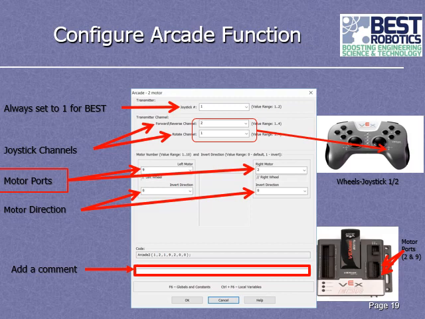Same thing on the right motor port, you would hit the drop down. If you've put in the text in that configuration pop-up earlier, it'll say right wheel. You can select that one, and that'll be equated to motor port 2. Now these motor ports, you can see in the picture on the bottom right, equate to those slots in the cortex.